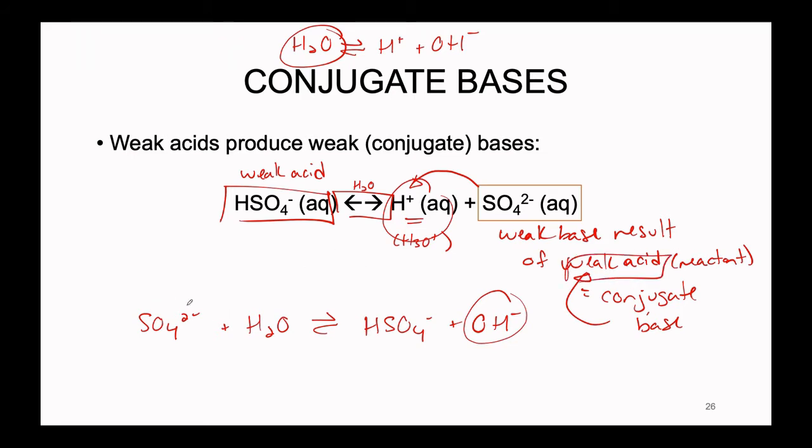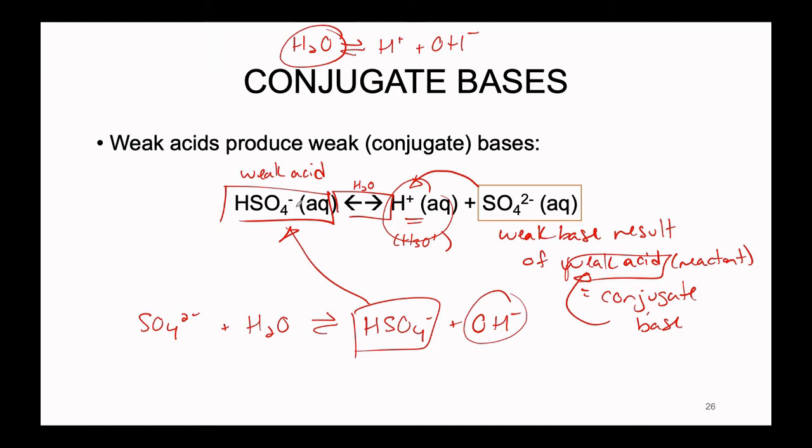So this weak base now is going to interact with the water and recreate some of this acid, which is going to then be in the first reaction, dissociating to create this weak base. We have this back and forth, right? Again, this is the reversible nature of this weak acid dissociation. So the conjugate base of a weak acid is also the base that leads to its conjugate acid.